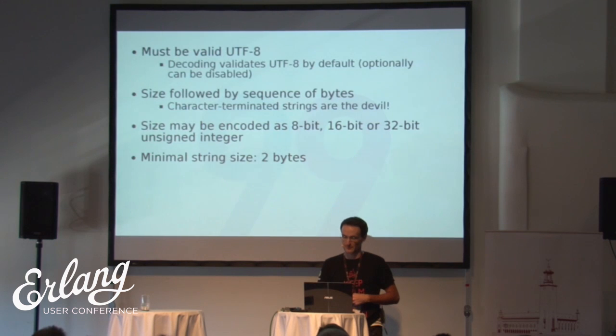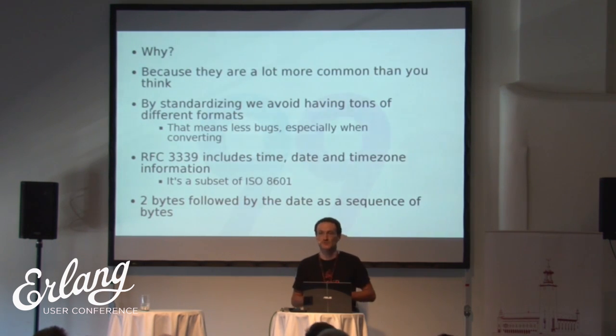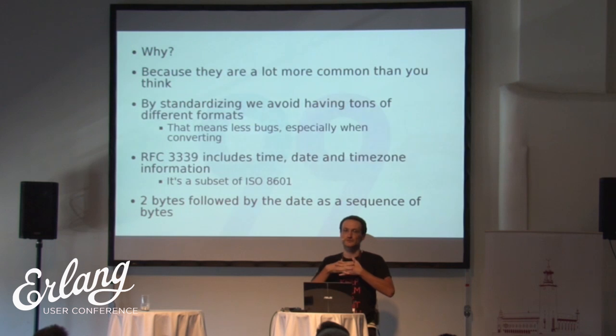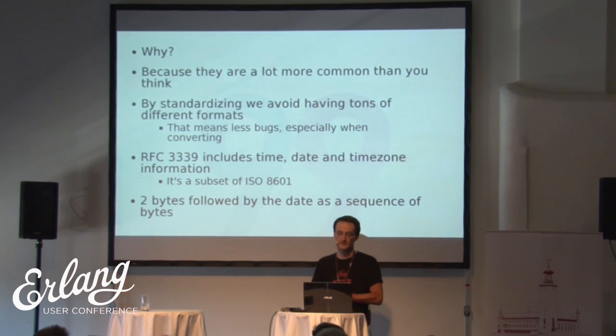So yeah. Then we have another type that is a bit unusual, the date type. This one is not so much because we need it, but because it actually makes things a lot easier. Many things in web services and in streams use a date. And there are maybe 10, maybe 20 different ways to represent a date.